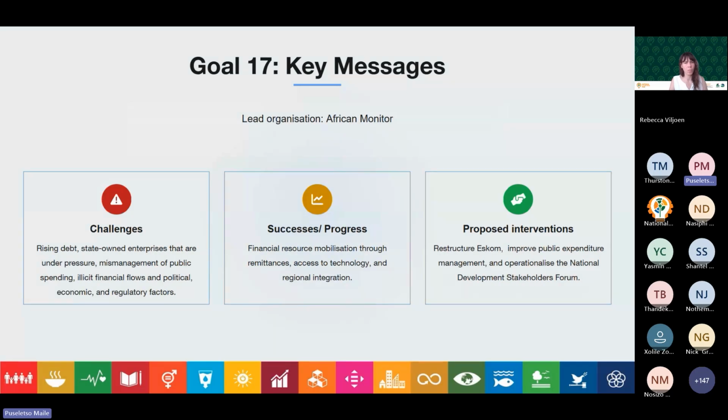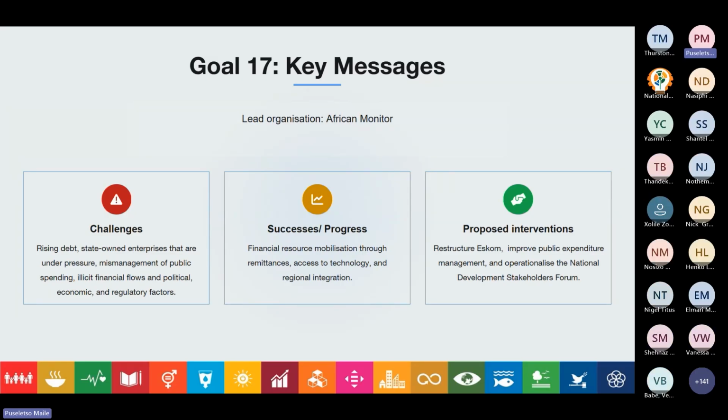Goal 17 was led by African Monitor again, and some of the challenges that were identified under Goal 17 on partnerships for the goals include rising debt, state-owned enterprises that are under pressure, mismanagement of public spending, illicit financial flows, and political, economic, and regulatory factors.